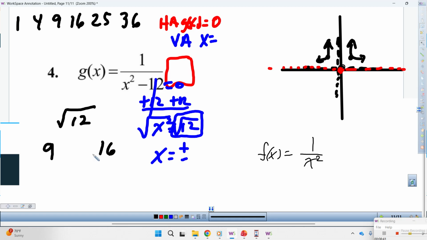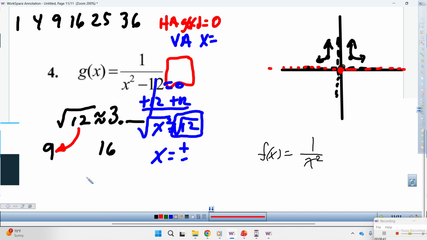So what does that mean? That if I take the square root of 12, could it be more than the square root of 16? No. So this is going to be approximately, square root of 9 is 3 point something. 3 point something. So how do you find that something? Well, you subtract that from that.